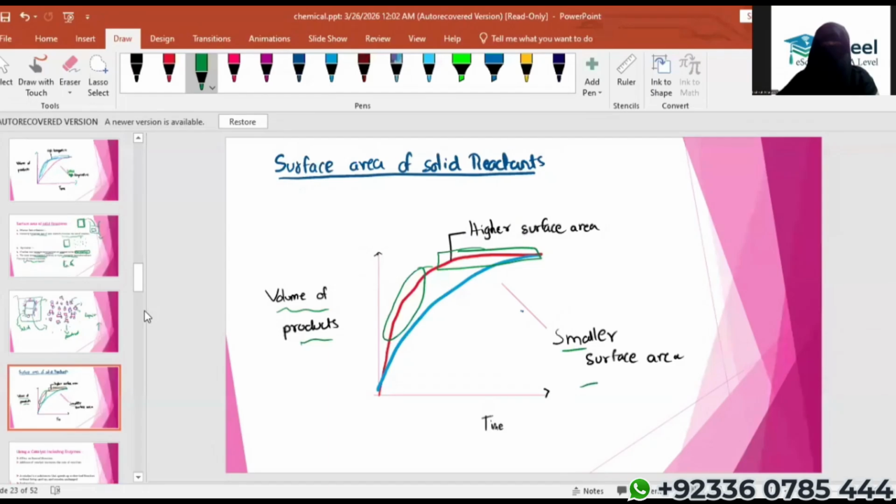But for a smaller surface area, you have a less steep gradient which levels off at a slower rate. High surface area increases the rate of reaction. Low surface area decreases the rate of reaction. And that is why there is a difference in the steepness. The steeper gradient shows that the reaction is faster, and the less steep gradient shows that the reaction is slower.